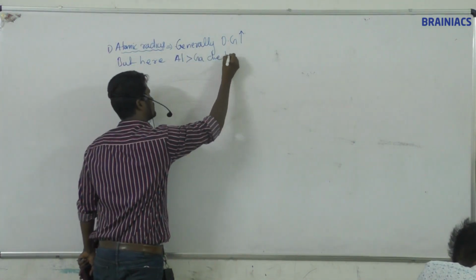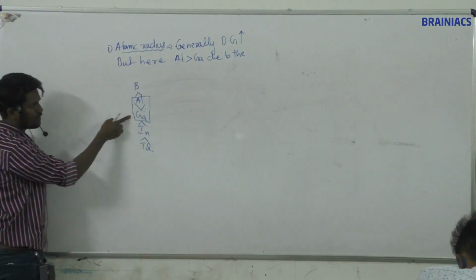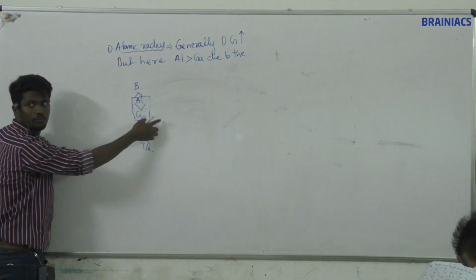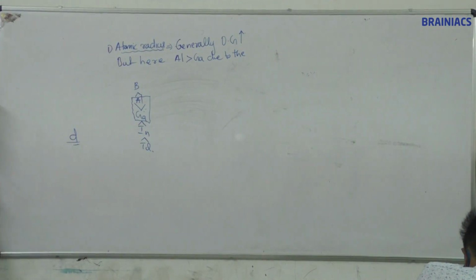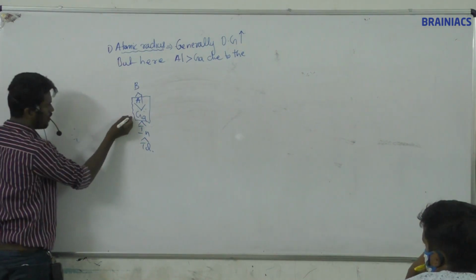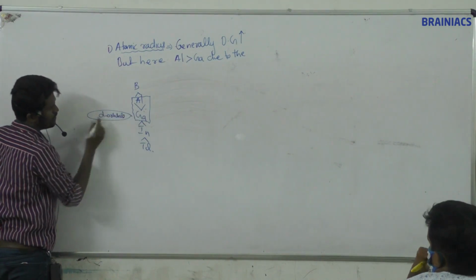The electronic configuration of gallium is 4s2 3d10 4p1. The d orbitals have poor shielding. So what happens to the effective nuclear charge? Increases. So the size decreases. So there is a presence of d orbitals.